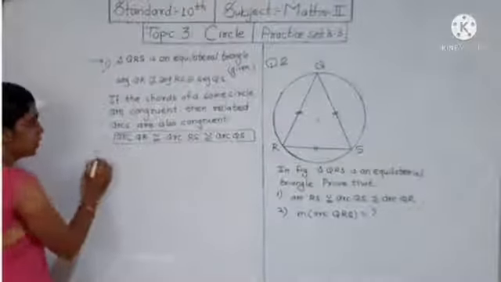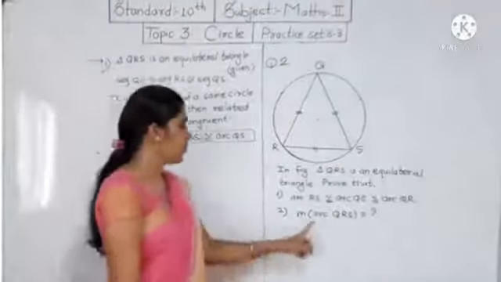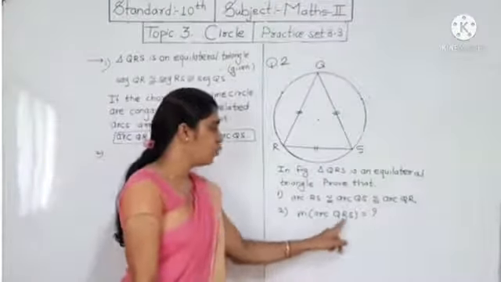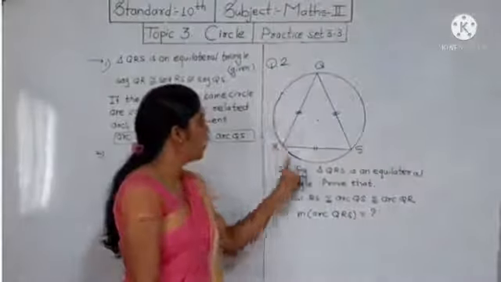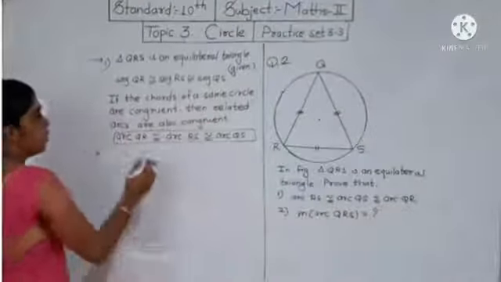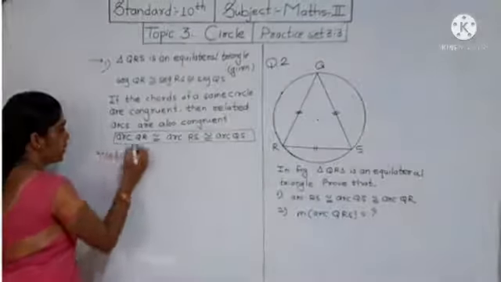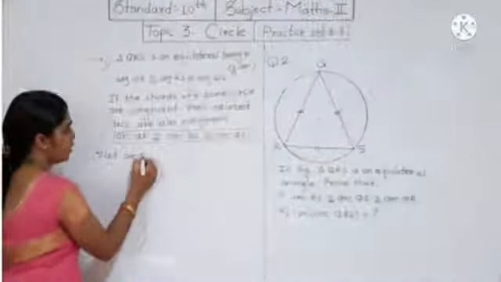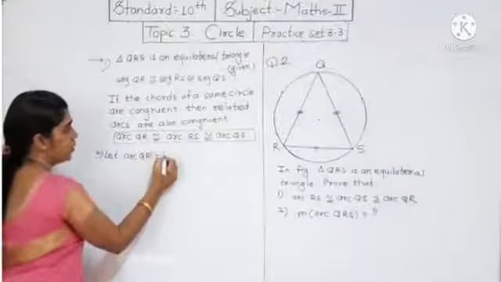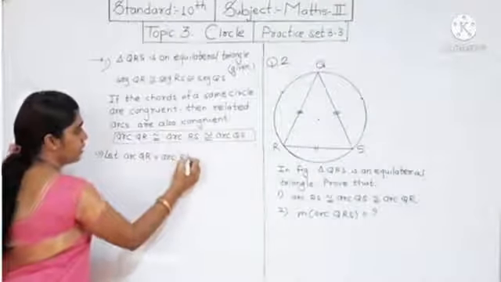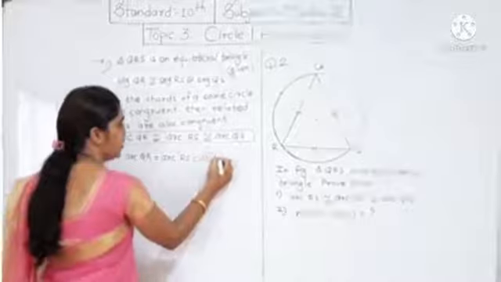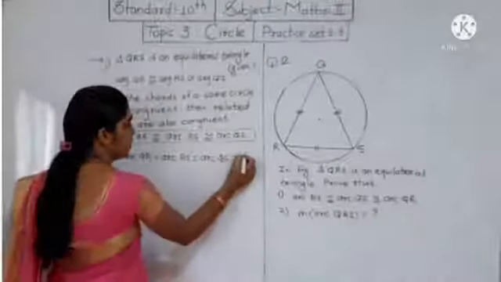Now, what is the second? See, we have to find arc QRS. So for this, we suppose that arc QR is equal to arc RS is equal to arc QS is equal to x.